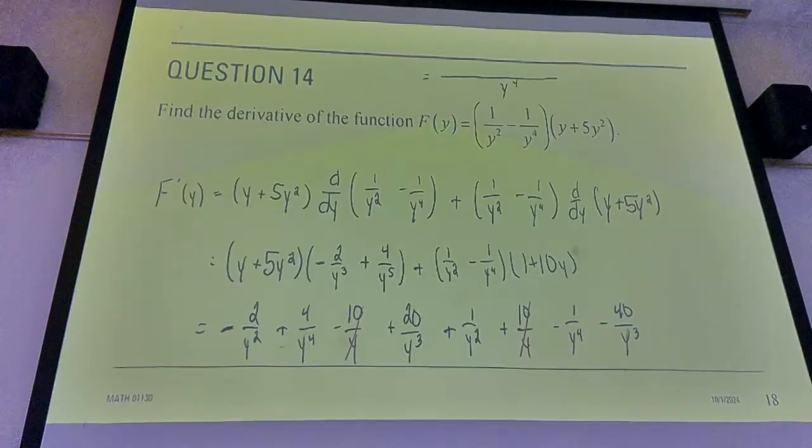So y squared then would be the smallest. That's negative 1 over y squared. That needs to be multiplied by a y squared. Minus y squared. y cubed minus 20y.